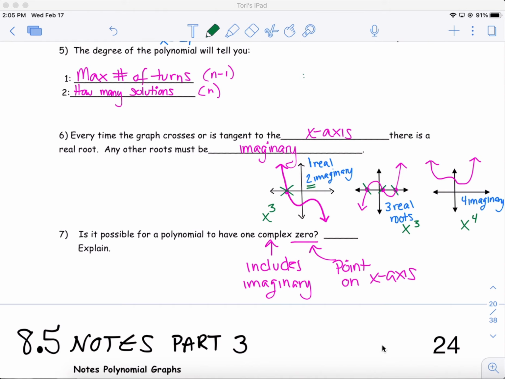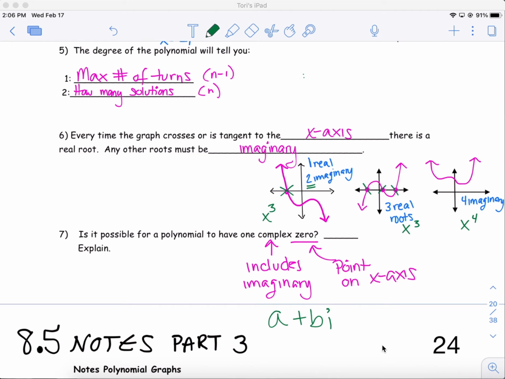Finally, is it possible for a polynomial to have 1 complex 0? In order to answer this question, we have to remember what complex means and what 0 means. Complex is anytime you have an answer like a plus bi. It has an imaginary number as part of it. 0 means that you're talking about a place that is a root or a solution that crosses on the x-axis.